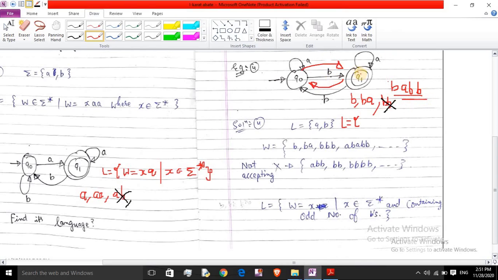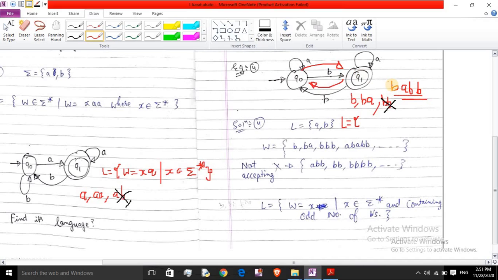From B we go to Q1, then from Q1 we remain in the same state on A. Then from Q1 we move to the Q0 state, and then on getting this last B we move to the Q1 state. So this word is also accepted.